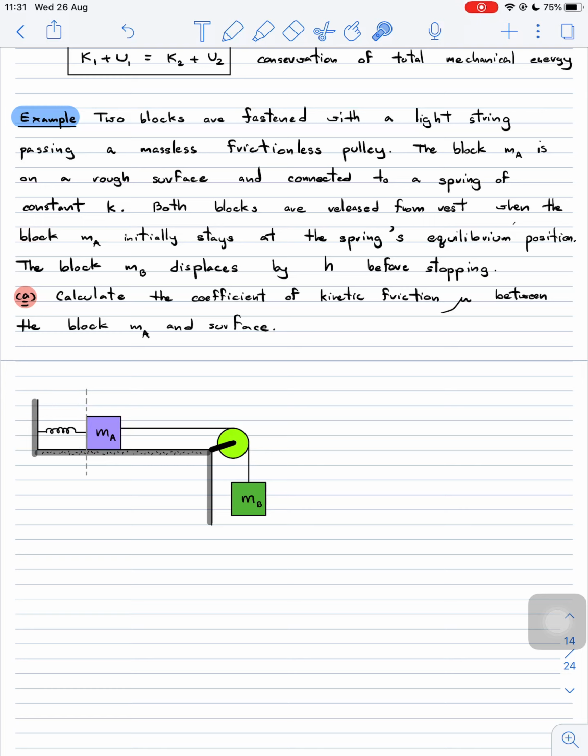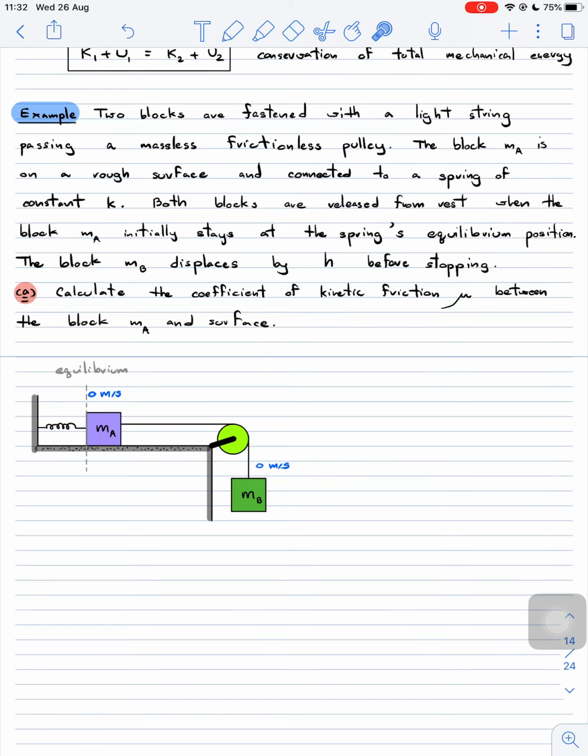Both blocks are released from rest. So initially both of them are at rest, with speed equal to 0 meters per second. When the block MA is at the spring equilibrium position, the block MB is displaced by h before stopping.